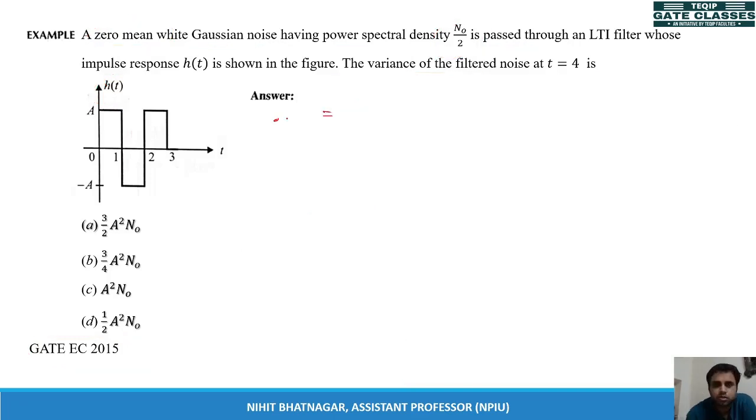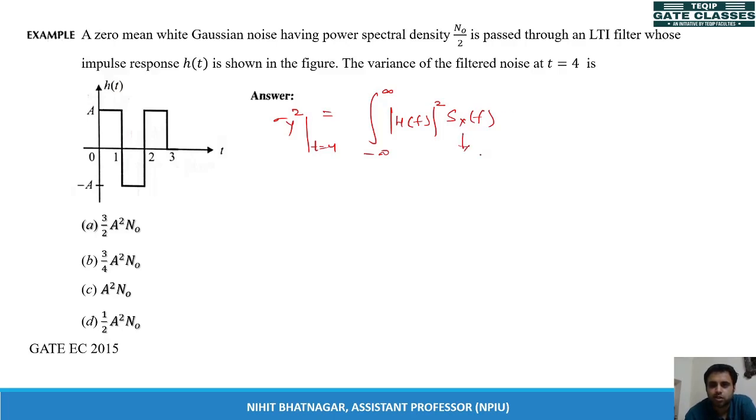So now it becomes integration from minus infinity to plus infinity mod H of f whole square into S x of f.